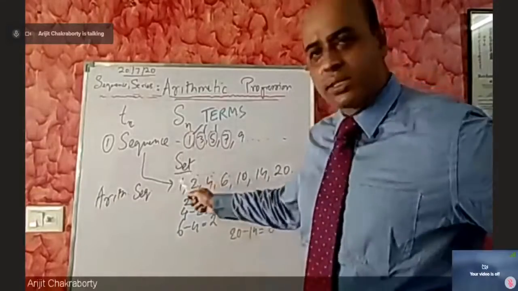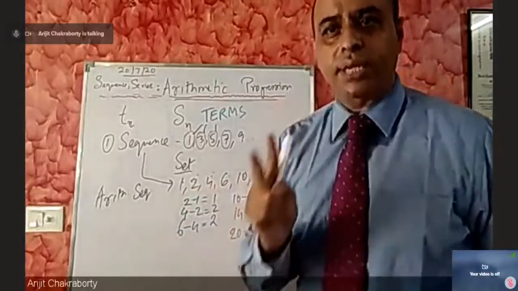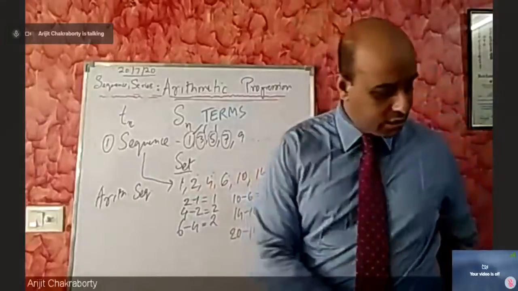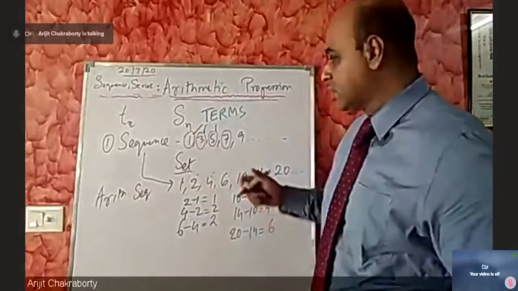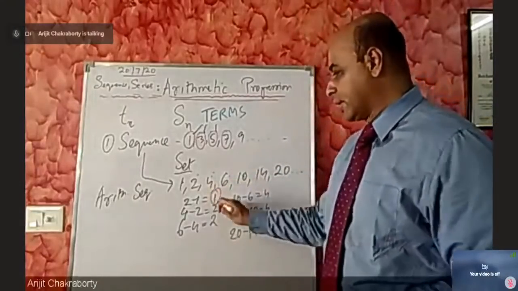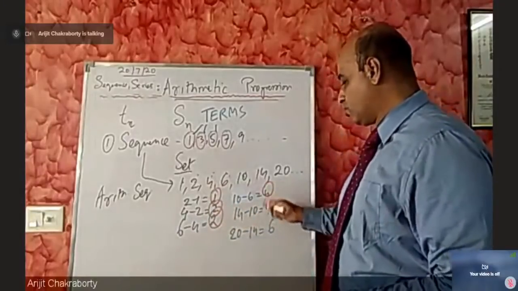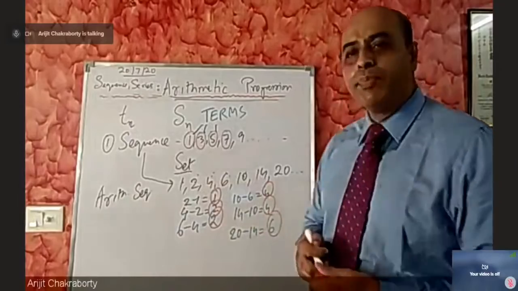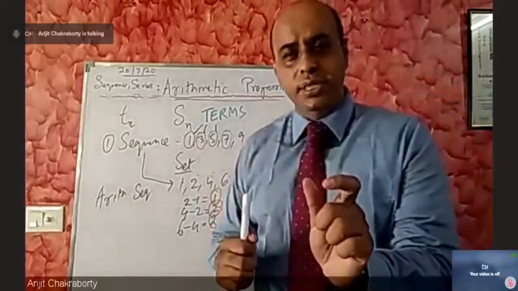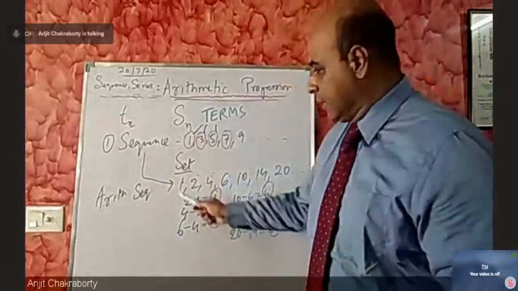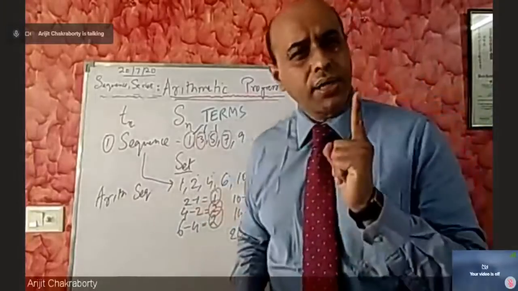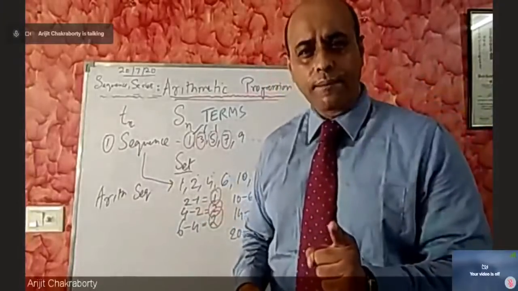That means the difference between two successive numbers, let us see the differences: the first one is 1, then 2, then 2, then 4, 4, 6. Are the differences between the numbers in the sequence the same? Are they equal?